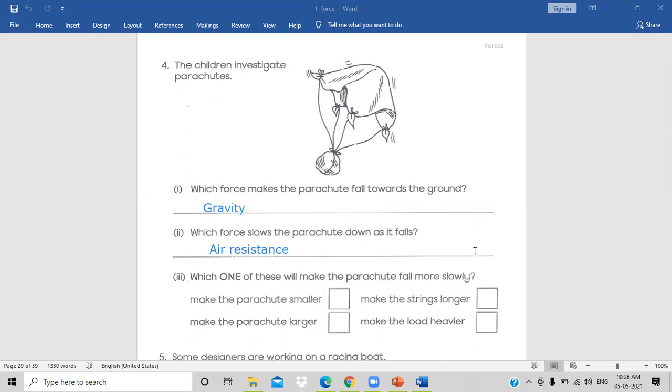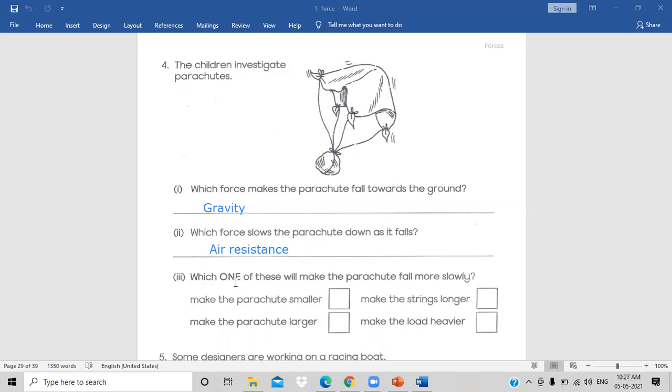The next question says, which one of these will make the parachute fall more slowly? Make the parachute smaller, make the parachute larger, make the strings longer, make the load heavier. We know that they only want the one thing that will make the parachute fall more slowly.